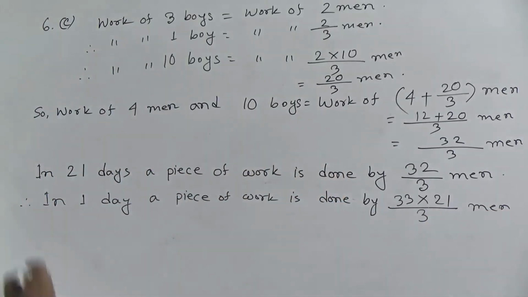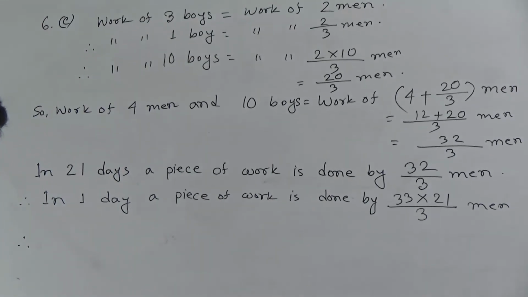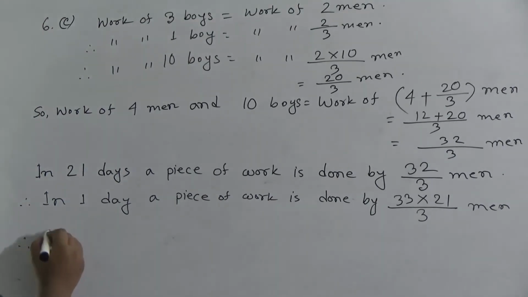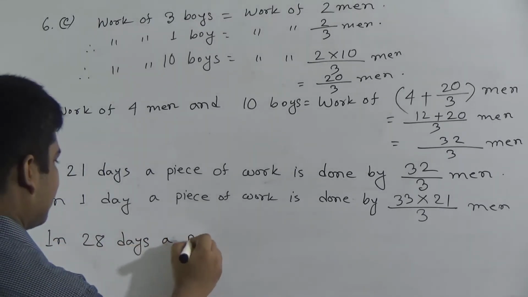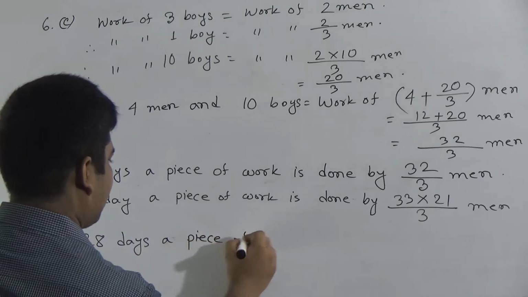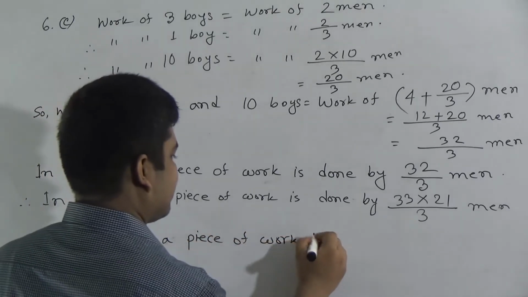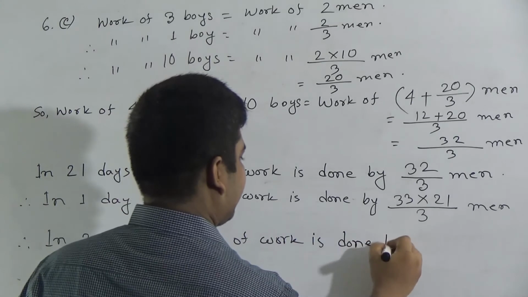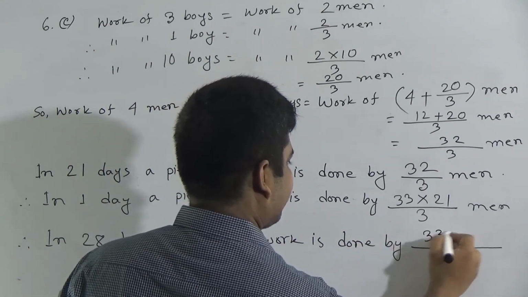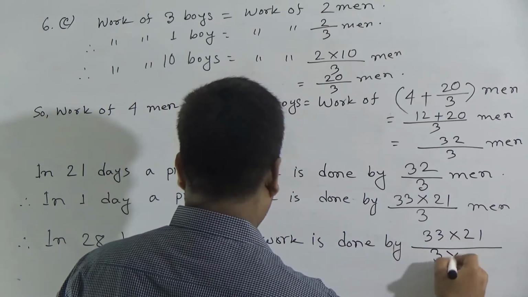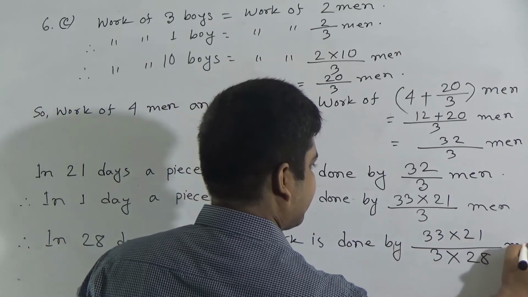Now my dear students, in question number C, the information is 28 days. Now in 28 days, a piece of work is done by 32 multiplied by 21, 3 multiplied by 28 men.